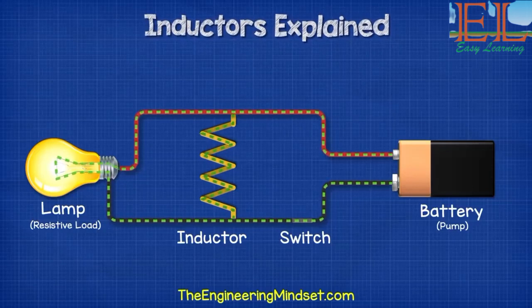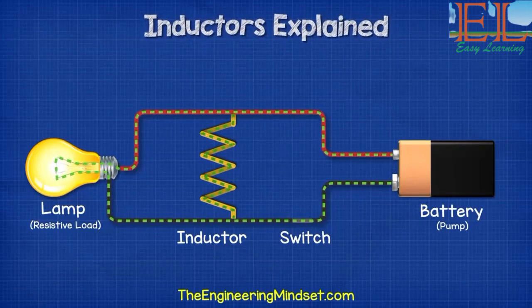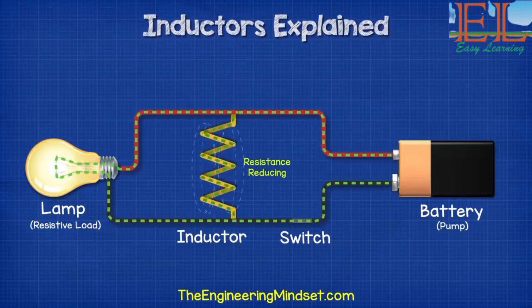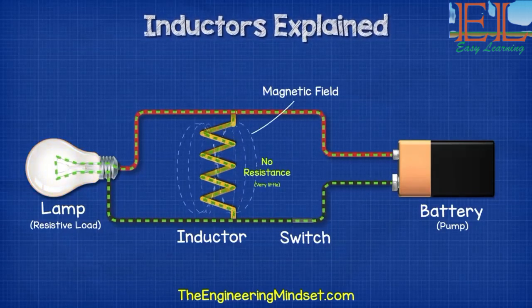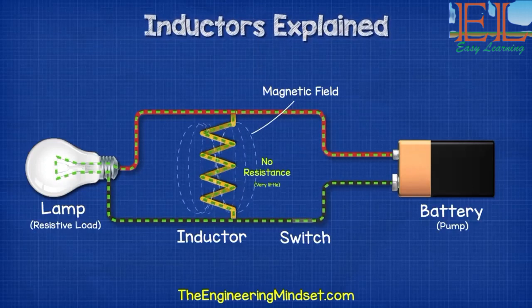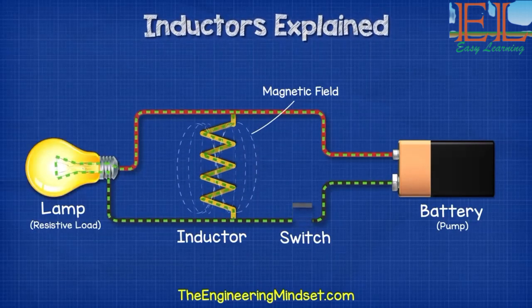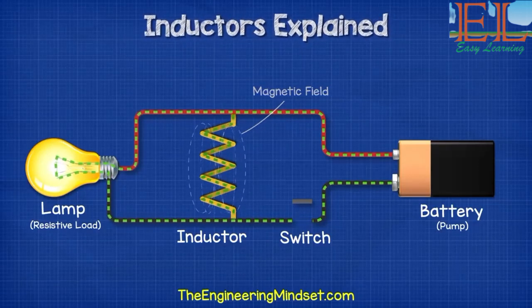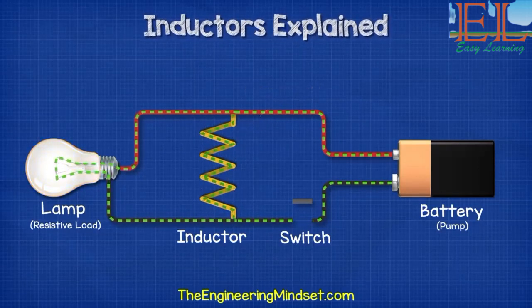Very little current will flow through the inductor because its resistance at first is too large. The resistance will reduce and allow more current to flow. Eventually, the inductor provides nearly no resistance, and so the electrons will prefer to take this path back to the power source rather than through the lamp, so the lamp will turn off. When we disconnect the power supply, the inductor is going to continue pushing electrons around in a loop and through the lamp until the resistance dissipates the energy.